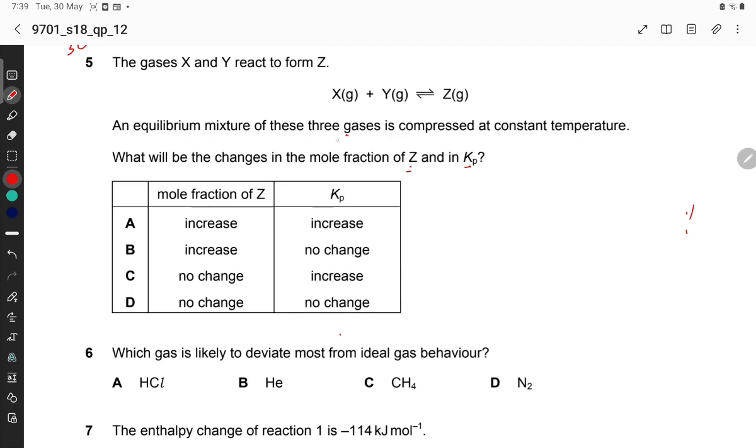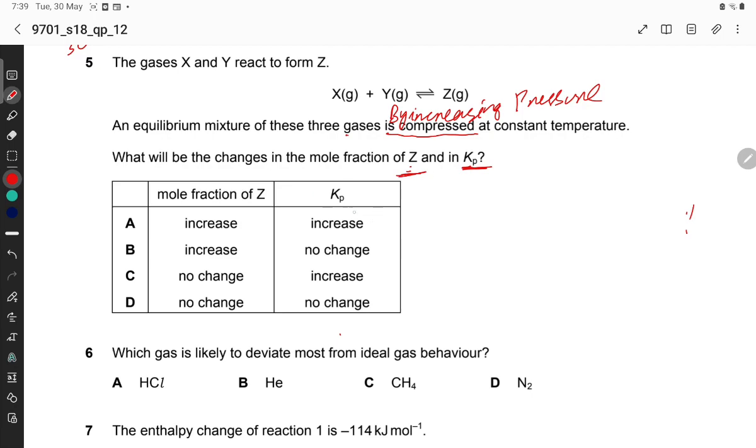An equilibrium mixture of these three gases is compressed at high temperature, meaning by increasing pressure at constant temperature. What will be the changes in the mole fraction of Z and in Kp?